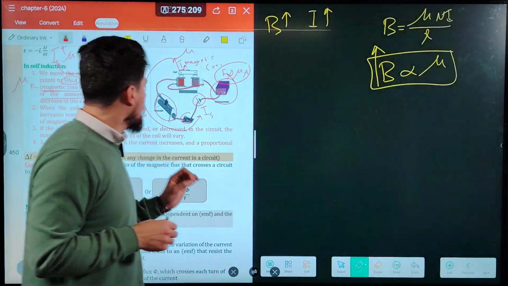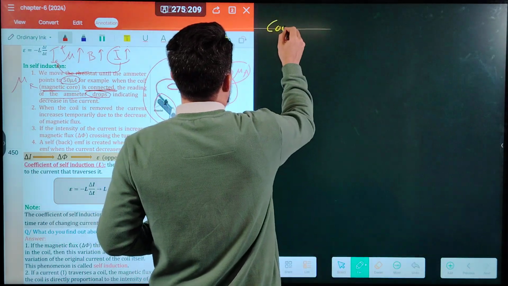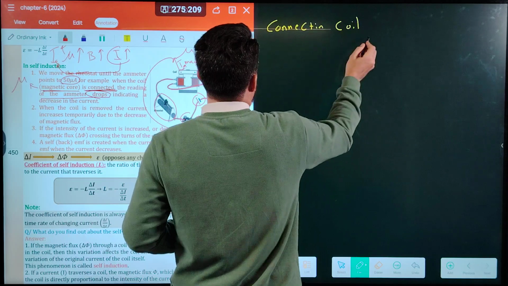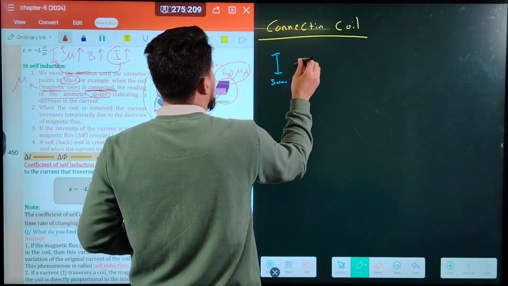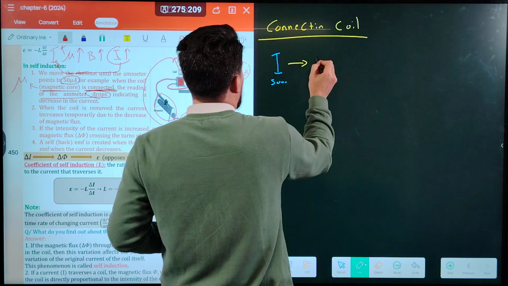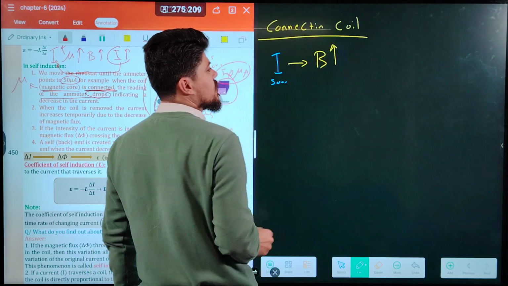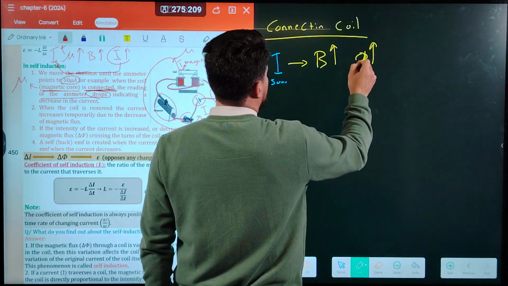Okay, by connecting the coil, this is the current of the source. What happened to the magnetic field? Magnetic field increases. When the magnetic field increases, flux increases.